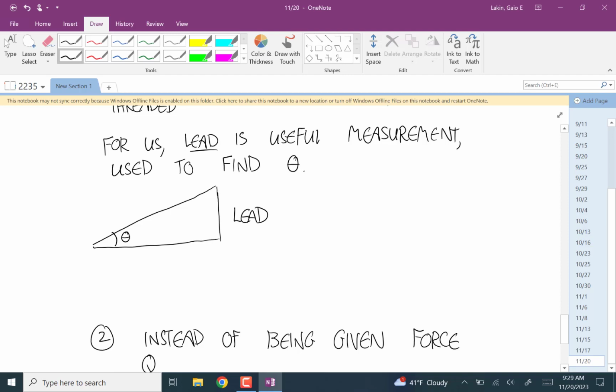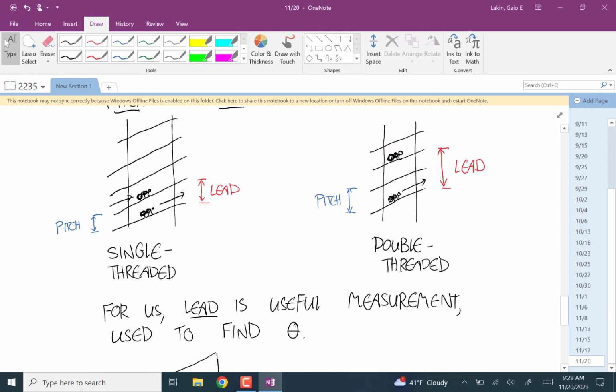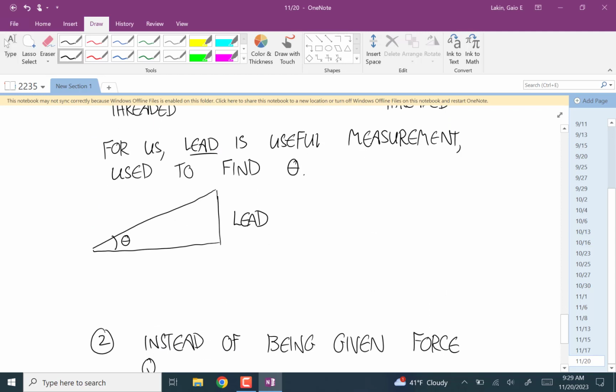What would be the horizontal in this? If the lead is going exactly one time around that curved ramp, then the horizontal is going to be the circumference, and that's going to be equal to 2 pi r. And so theta is equal to the inverse tangent of L over 2 pi r.